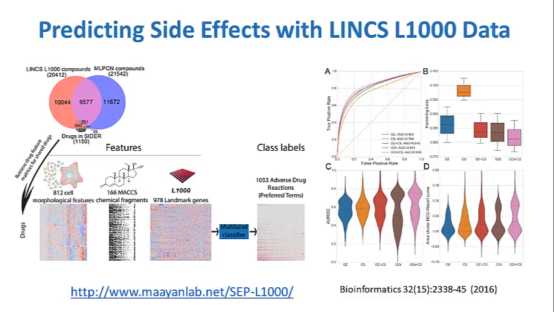Every image is converted to a set of features extracted from the image using some software. There are 812 morphological features. Those are the columns. The drugs are the rows, and there are numbers for every one of those 800 features.